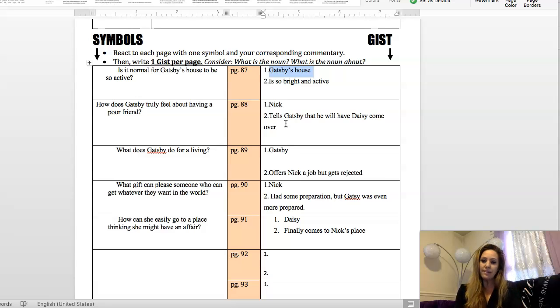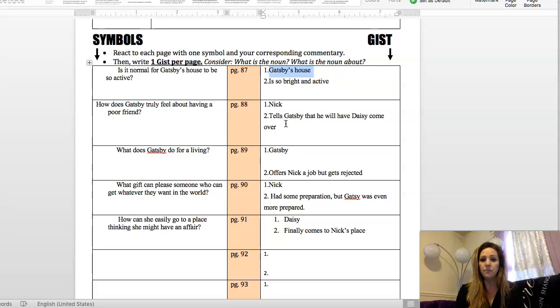So it's almost like he's questioning, could Gatsby be using Nick for what he wants, right? To get his meeting with Daisy, to rekindle his little love affair with this woman. And is he truly friends with Nick? And so I think that's a great question to dig deeper into those characters.